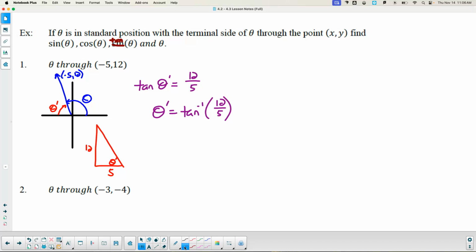Clear, inverse tangent, 12 divided by 5. I get theta prime here is 67.38 degrees.